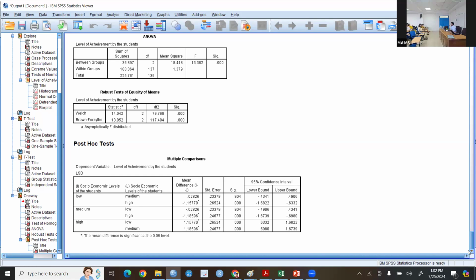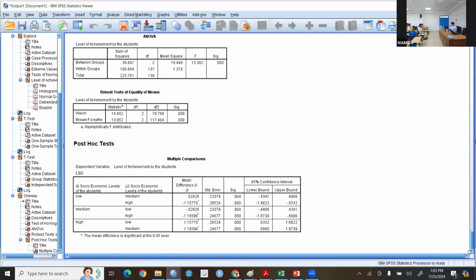LIG का, क्योंकि मीन डिफरेंस इज पॉजिटिव. LIG minus MIG value is A minus B is equal to positive, that means A was greater, A LIG था, B MIG था, और वैल्यू मीन डिफरेंस इज 0.028, दैट मींस LIG के बच्चों का मीन ज्यादा था लेकिन सिग्निफिकेंट डिफरेंस नहीं था.